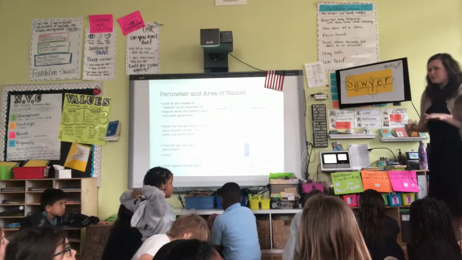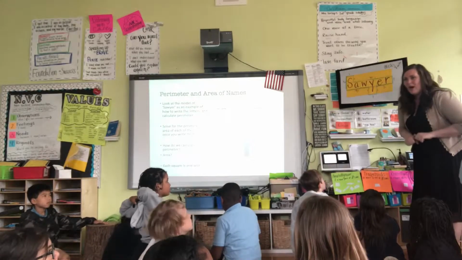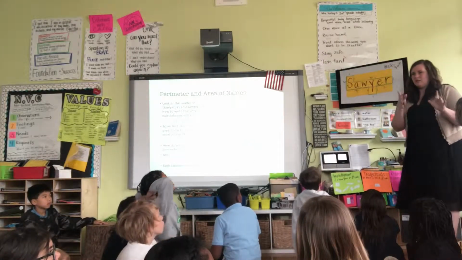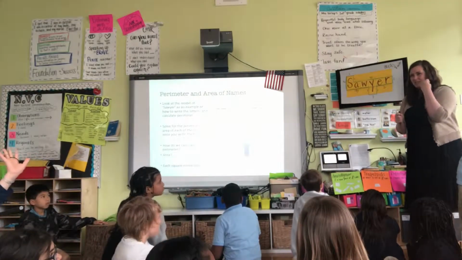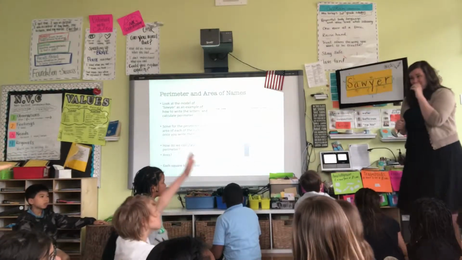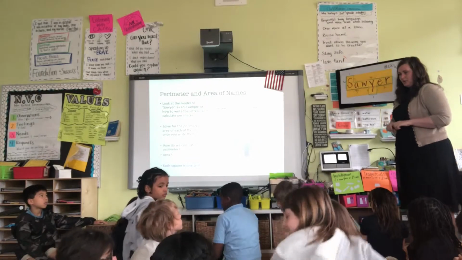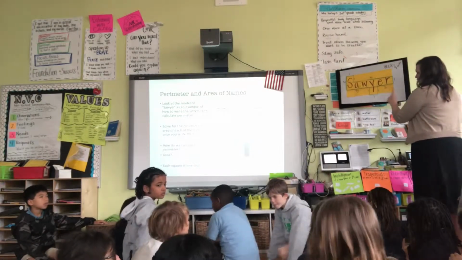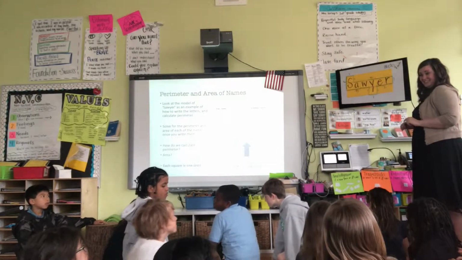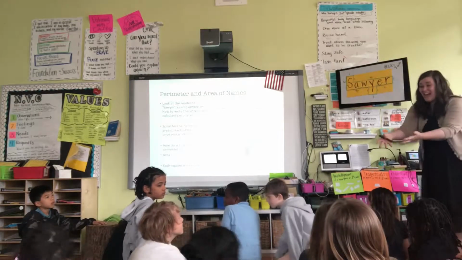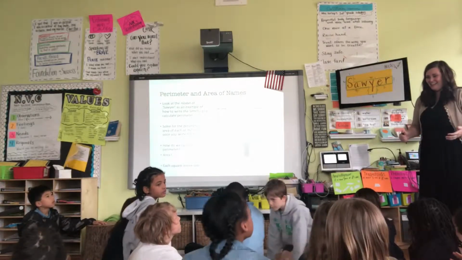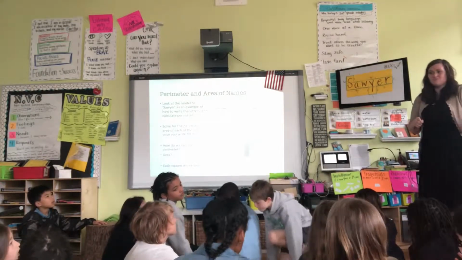At first he said 8 centimeters. Why is 8 centimeters maybe not the exact way of saying it? Maxine, why? Because it's not counted in centimeters. Exactly. If you measured it on a ruler, it would be inches and centimeters.